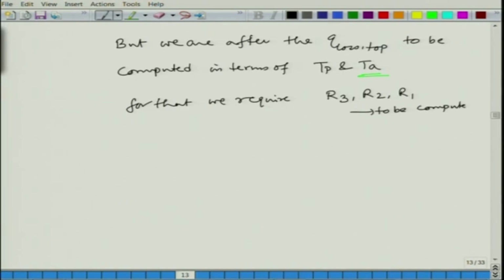Otherwise, if you knew the cover temperature, then you did not need to know anything else to get the Q loss top. Okay. But here the dependence we have to find will be on the ambient temperature, that is why we need all the resistances to be computed. First R3, that we have gotten so far: this h_c,p-c1 plus h_r,p-c1, right. So, these two will give us the resistance R3.